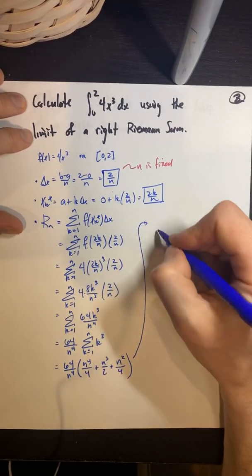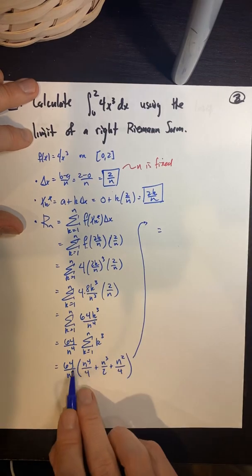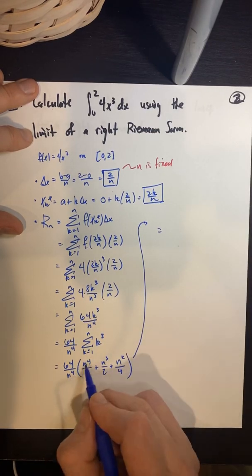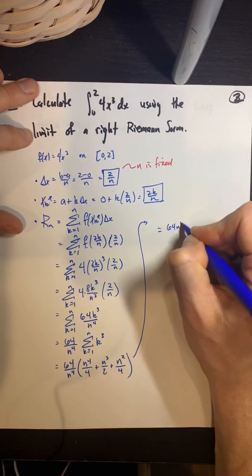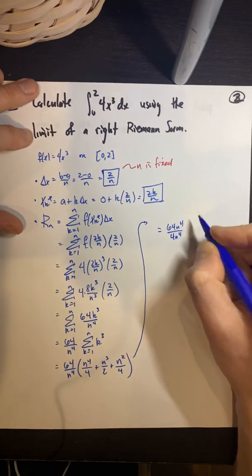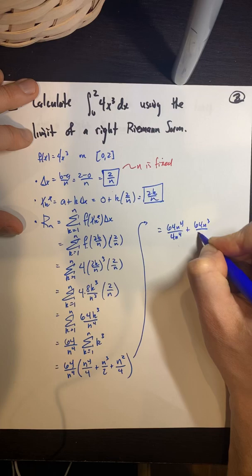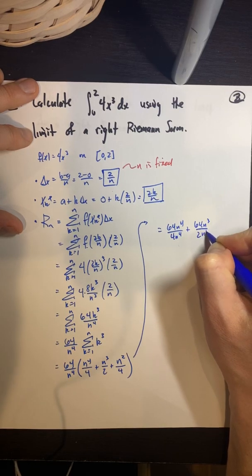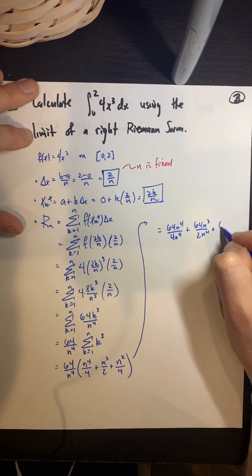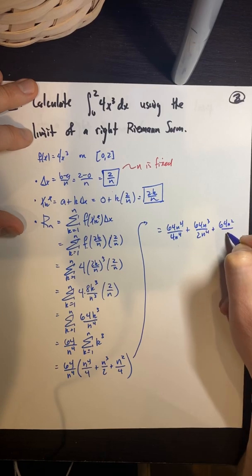Simplifying this, I'm going to multiply this in, so I would get 64n to the 4th over 4n to the 4th, plus 64n cubed over 2n to the 4th, plus 64n squared over 4n to the 4th.